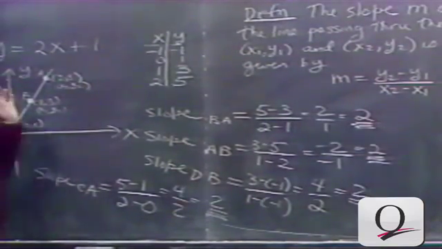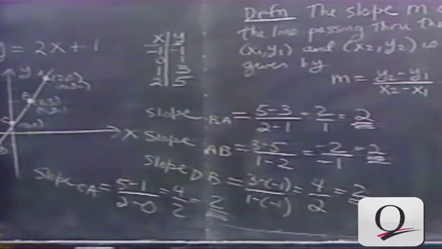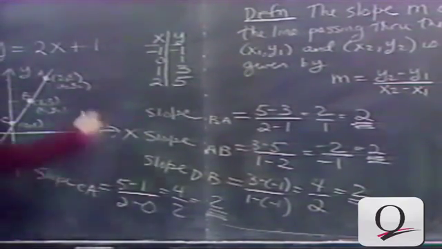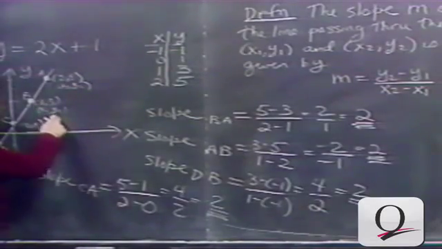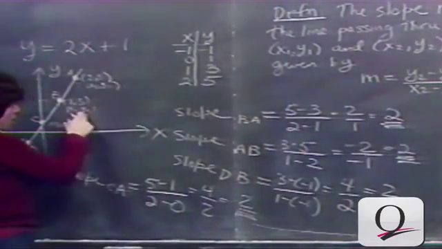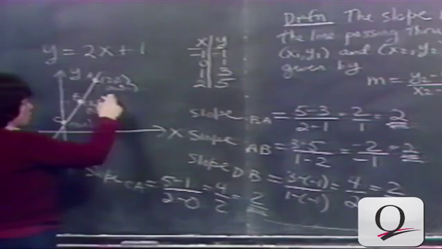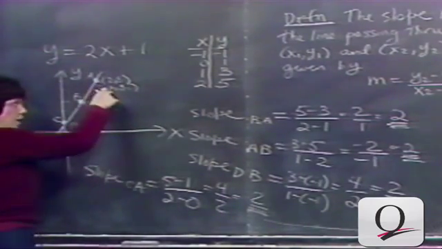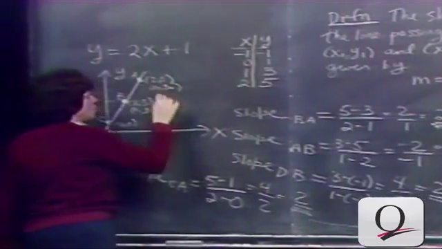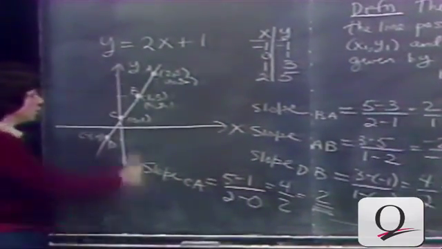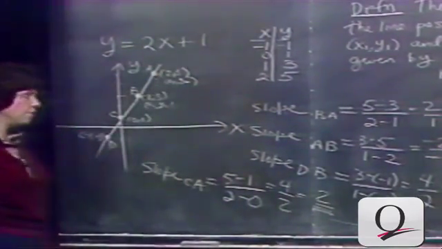But it is important that you be consistent. Make up your mind which is the first point and which is the second point. If you're going to measure the change in y, starting with this point, this y coordinate minus this one, you must measure the change in x, the horizontal change, by starting with the same x coordinate minus this one. You must do it in the same direction. So it doesn't matter which is your first point and which is your second point, but you have to be consistent.